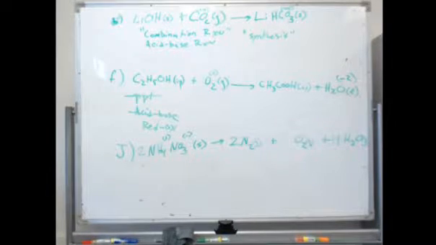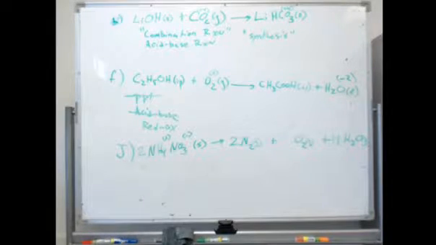The main ingredient in household bleach, sodium hypochlorite, is formed by a reaction of sodium hydroxide with chlorine gas. Sodium chloride and water are also formed. So, we're going to do sodium hydroxide, NaOH, plus Cl2.